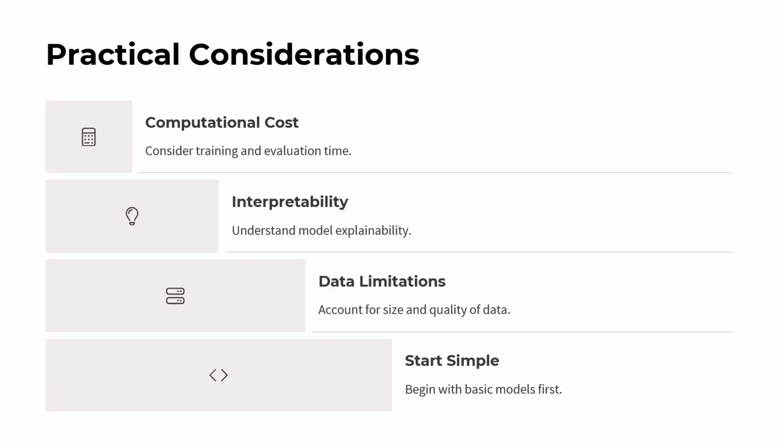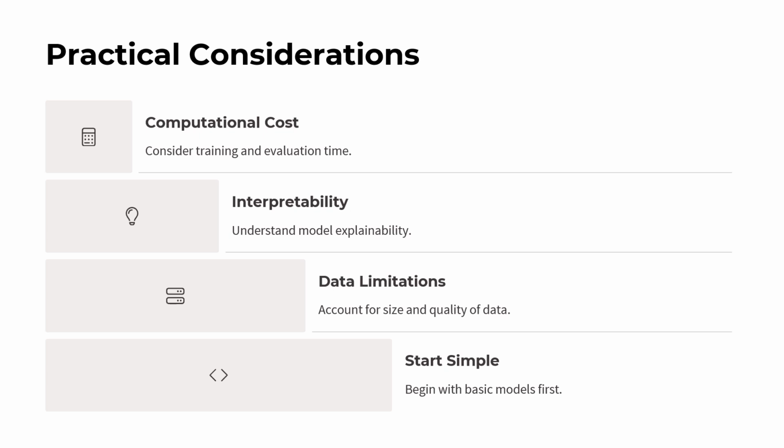Next, let's go over some practical considerations to keep in mind when building or choosing a machine learning model. First, computational cost. When we train a model, especially large ones, they can take a lot of time and computing power. So it's important to consider how long training and evaluation will take, especially if you are working with limited resources.